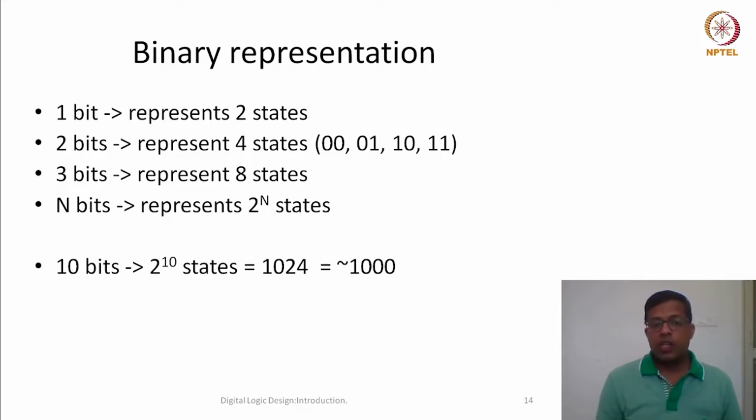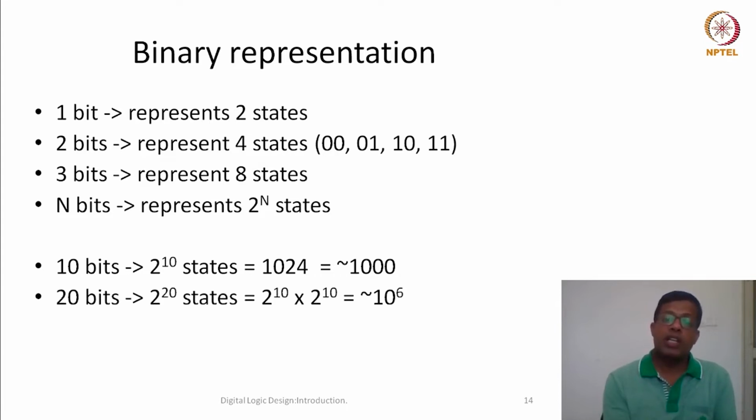Okay, so now let's say instead of 10 bits, 1 bit means 1 binary digit. 1 binary digit is called 1 bit. Now let us say we have 20 bits. 20 bits could represent 2 to the power 20 states, which can also be written as 2 to the power 10 into 2 to the power 10.